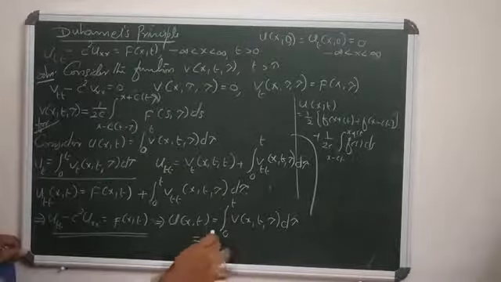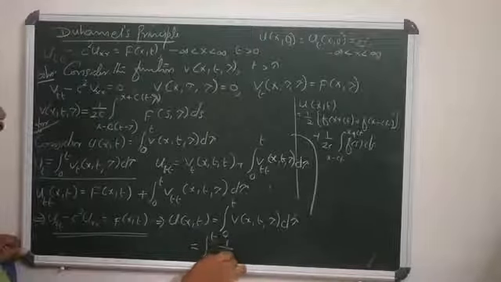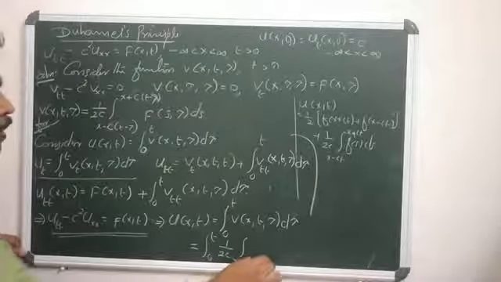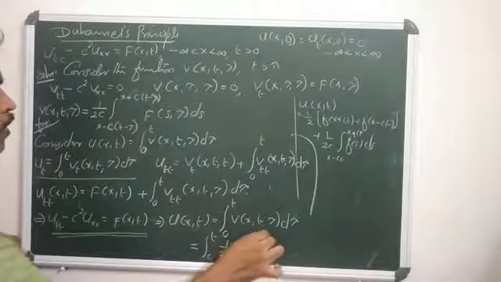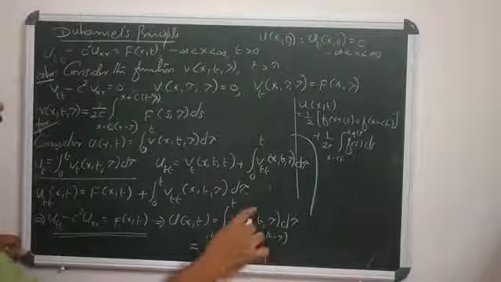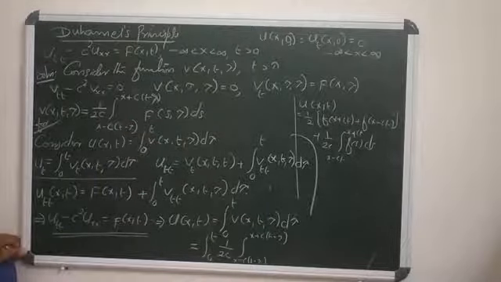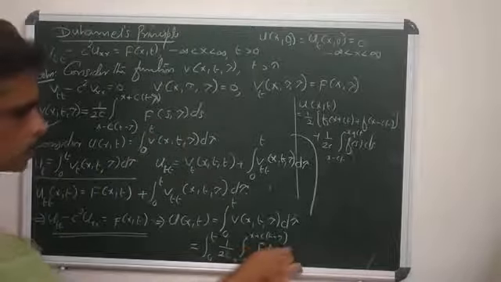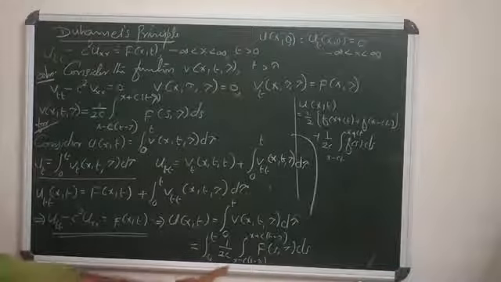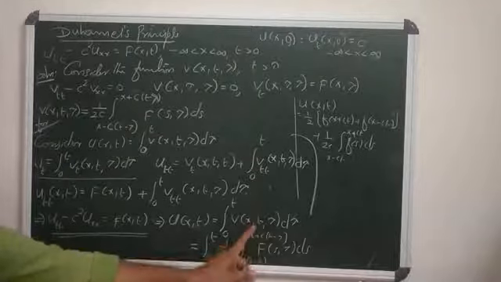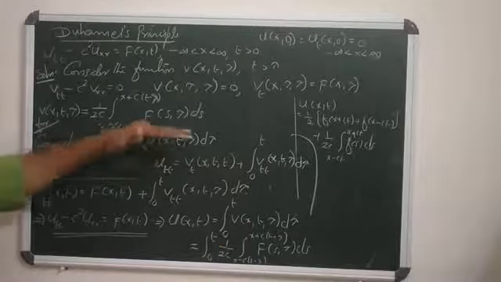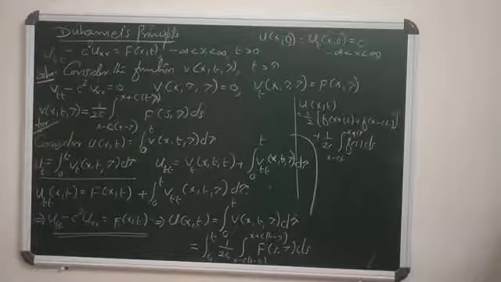So it is integral 0 to t 1 by 2c into integral along x minus c into t minus lambda to x plus c into t minus lambda of f of s lambda ds. That gives the required solution.